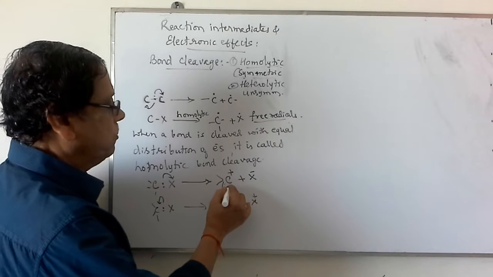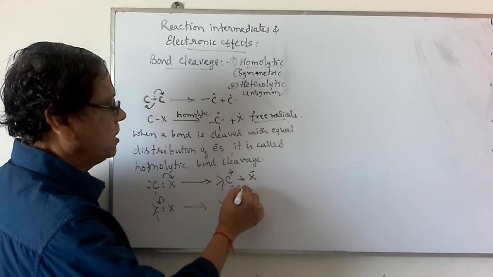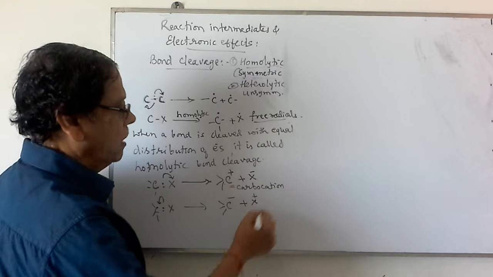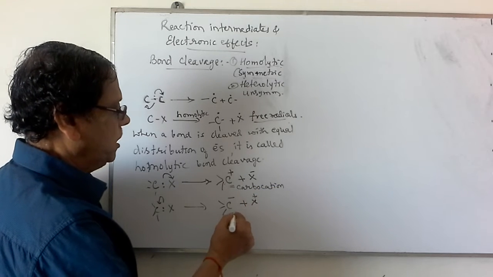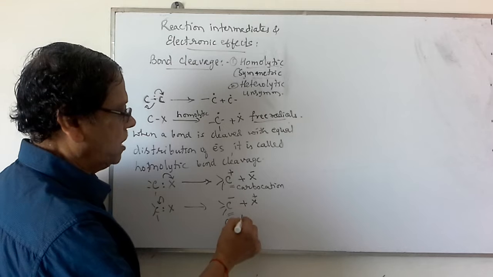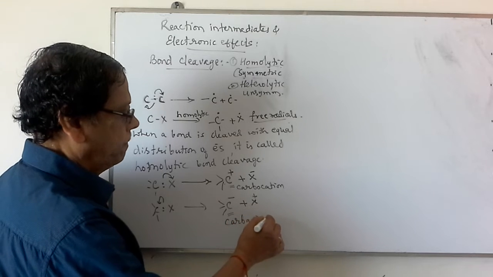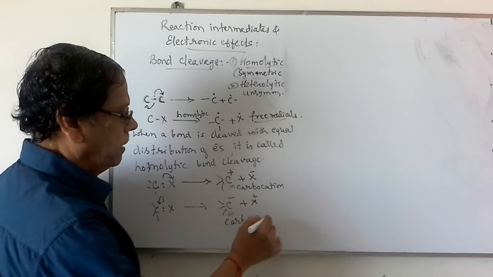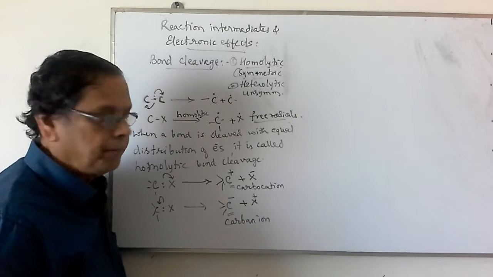So this species with the carbon carrying the positive charge is called the carbocation. And this species with carbon carrying the negative charge is called the carbanion.